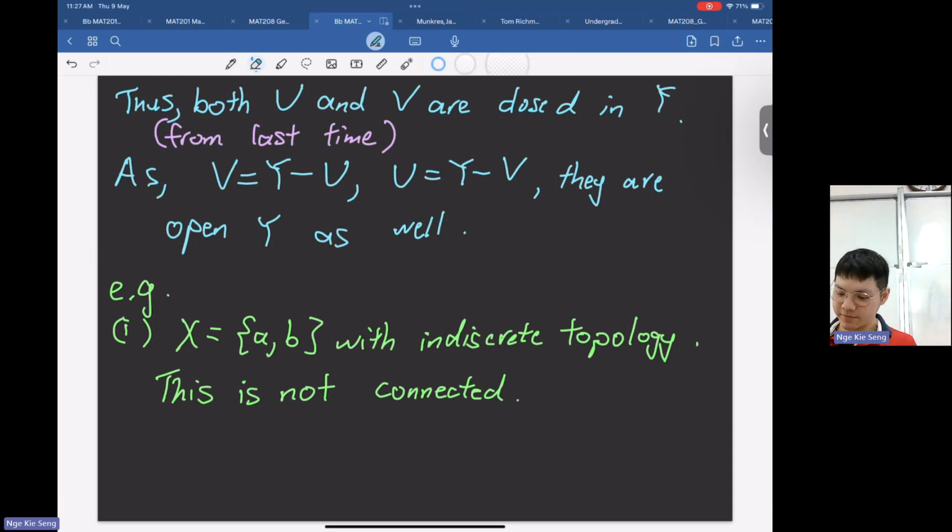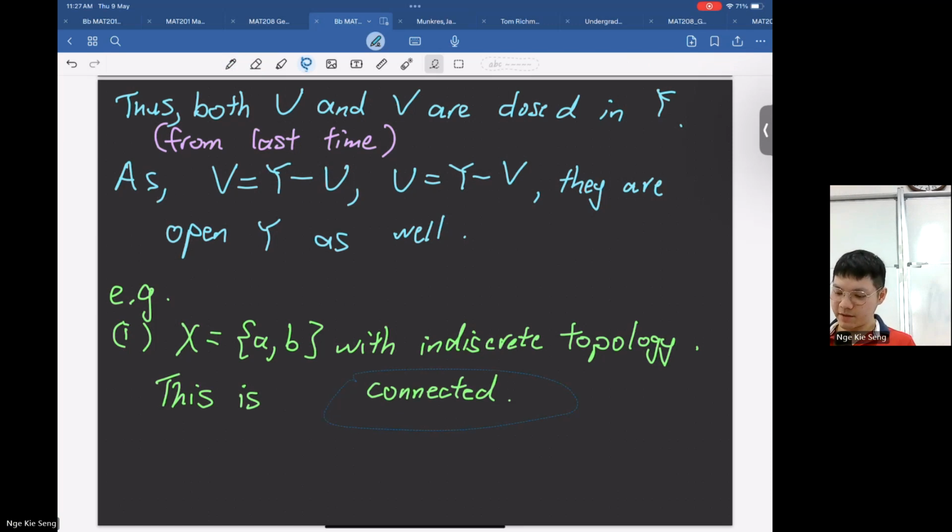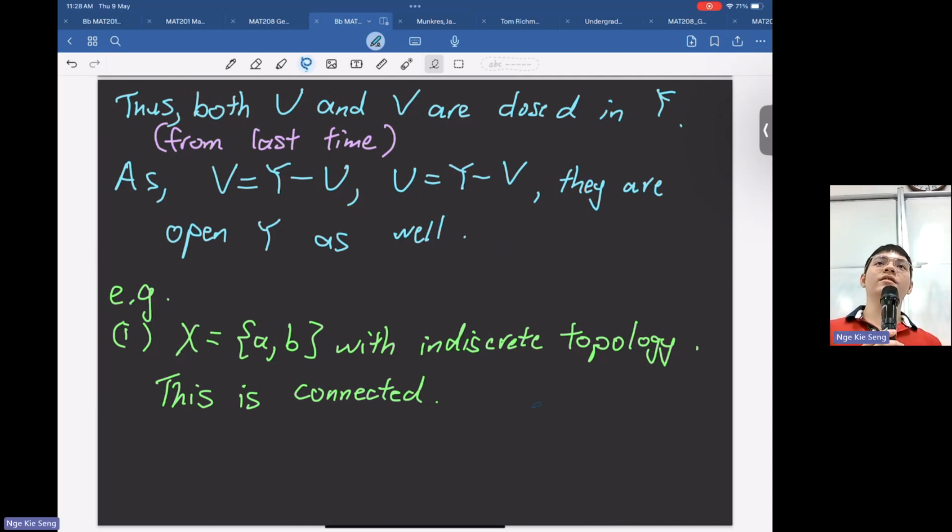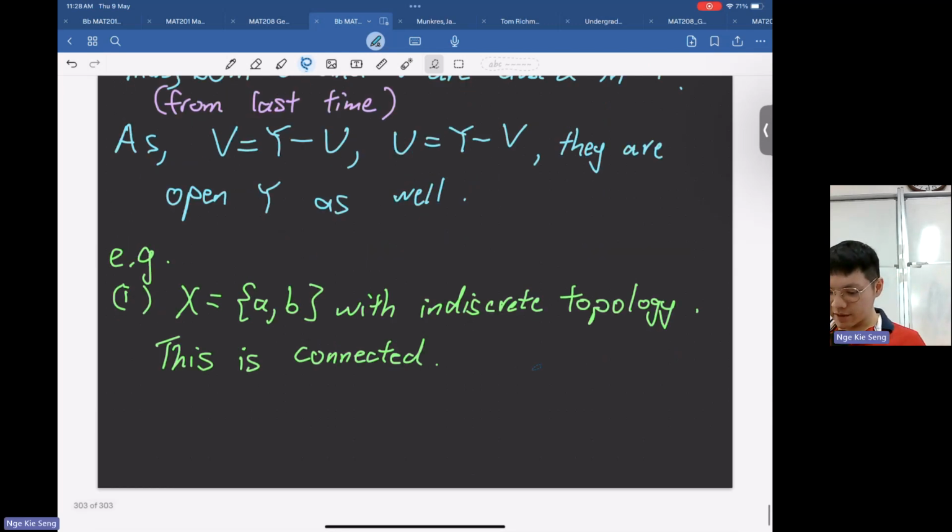Oh, this is connected. Because one of the TFAE we proved yesterday says the space is connected if the only open and closed sets are the whole space or the empty set. Okay, so this is connected. You cannot separate it by two proper subsets.